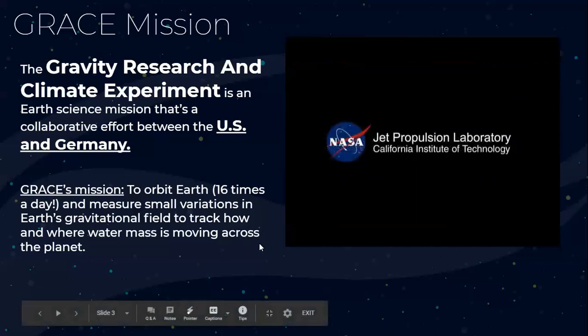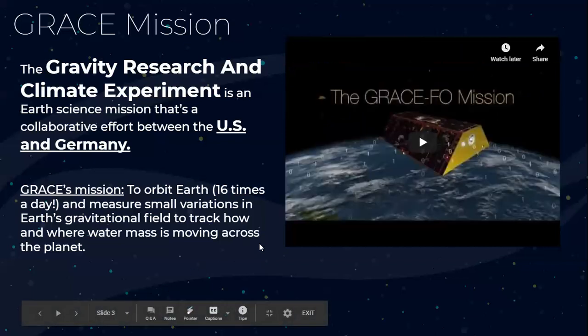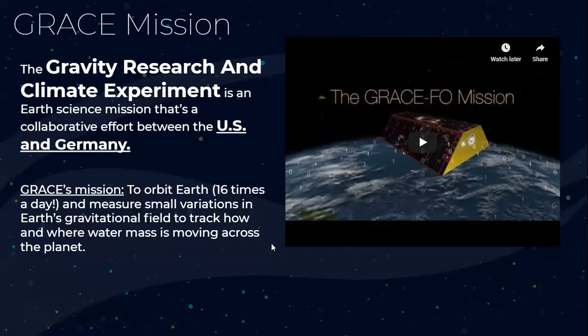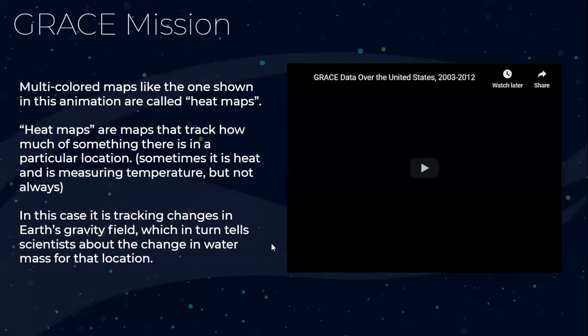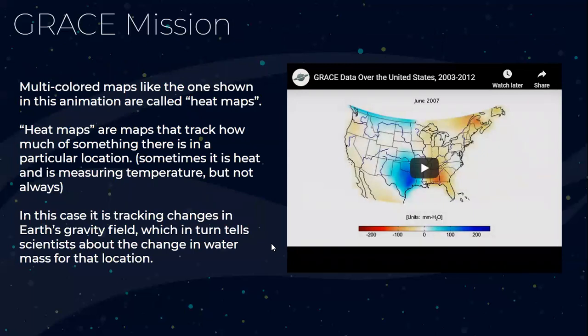Okay, so maybe that is clearing up that connection between gravity and mass for you some. Maybe not all the way, but we'll get there. So the GRACE mission, you saw how it works, and it generates maps called heat maps.